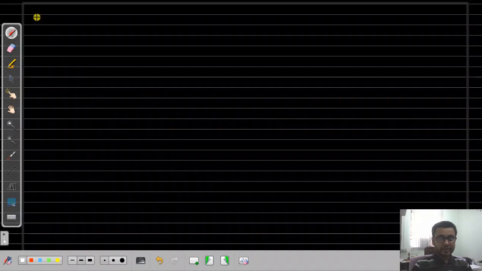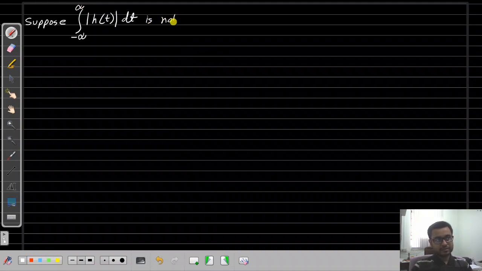Now let me prove it the other way. So suppose this integration of modulus of h(t) dt from minus infinity to infinity is not finite, or it does not converge. Then I shall prove that this system is unstable.